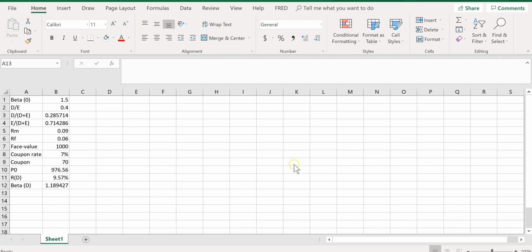And then the rest of the job is to plug in the numbers.